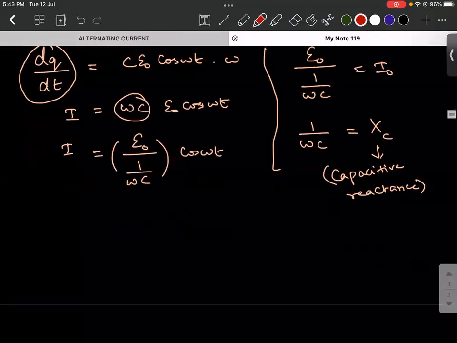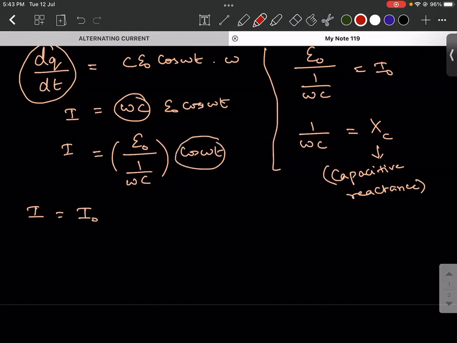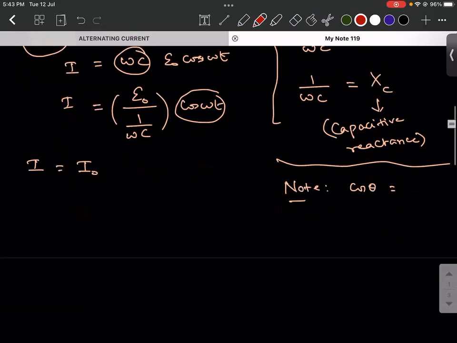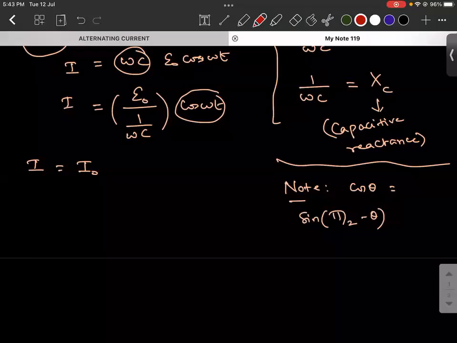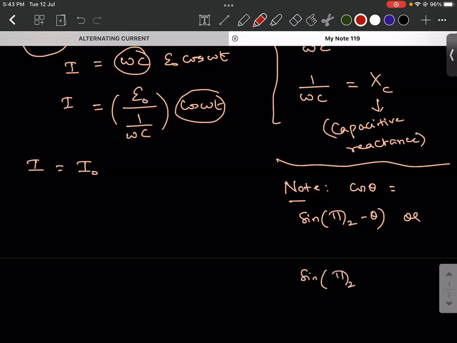Coming back to the left hand side, I can write this as I is equal to I naught, but here I have cos. So when I have cos theta, I can write it as sine of pi by 2 minus theta or sine of pi by 2 plus theta. Which one should I choose?